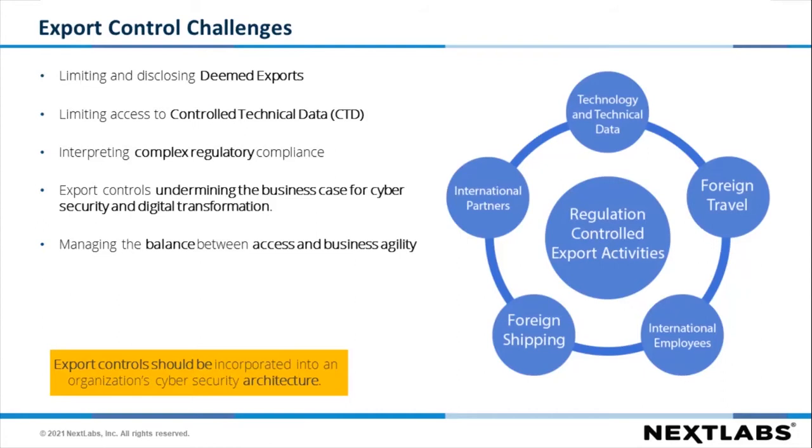Throughout the process of compliance, one of the most important things is managing the balance between access to controlled technical data and maintaining business agility so that the organization can do what it needs to do commercially.